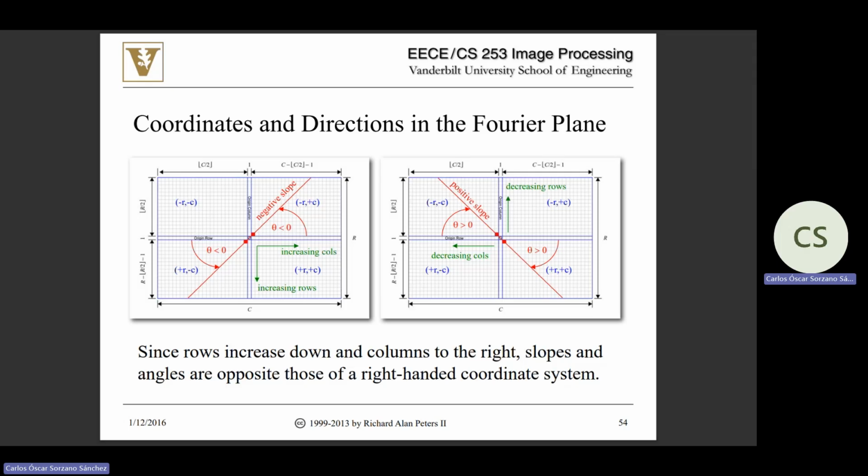It has coordinate 1, 1. This one is 1, 1, and this one is 1, minus 1. It is growing in this direction.